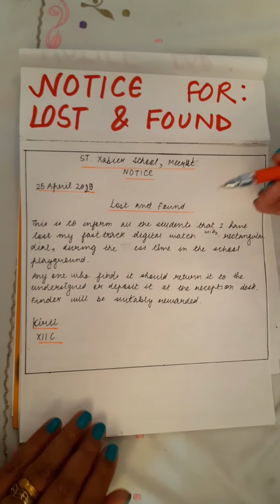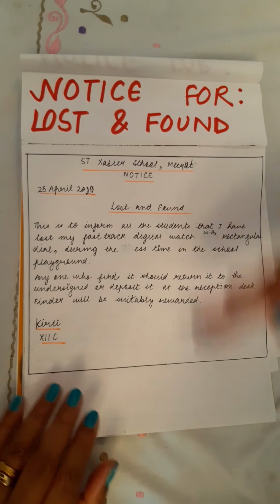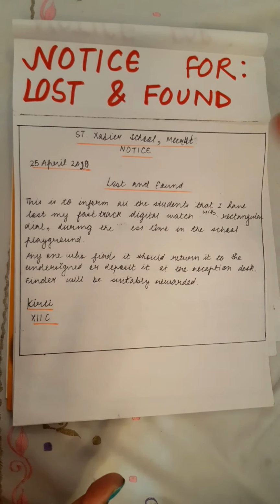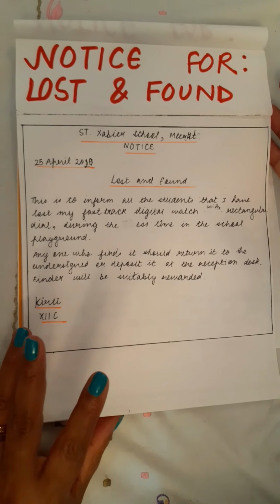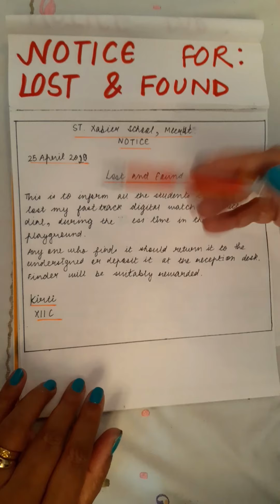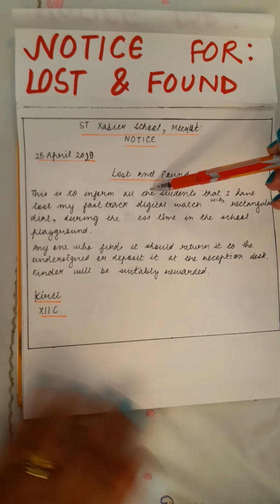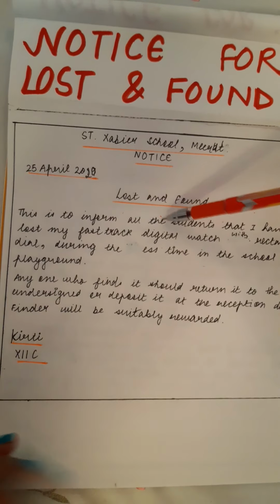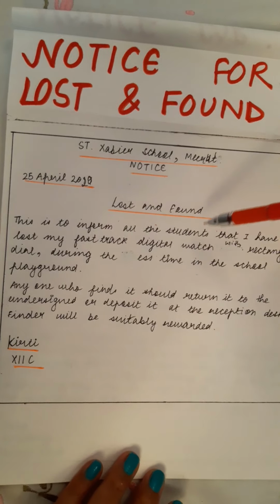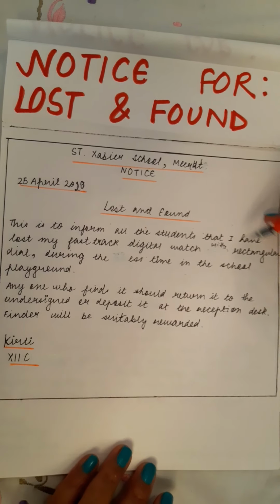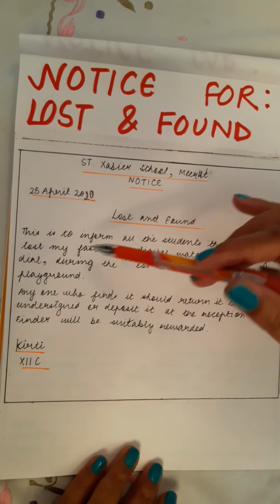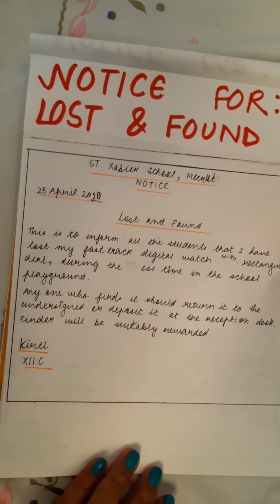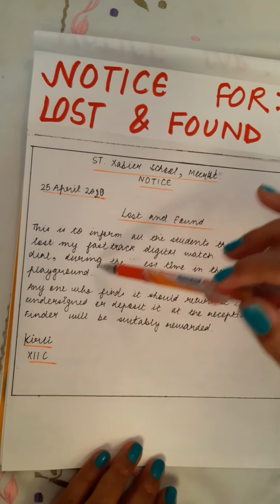In this kind of notice, we write the details of the things we have or some person has lost, or the things which are found by him or her. So this is to inform all. This is a particular notice, so it will be an information to everyone. So this is to inform all the students that I have lost my first fast track digital watch with rectangular dial.